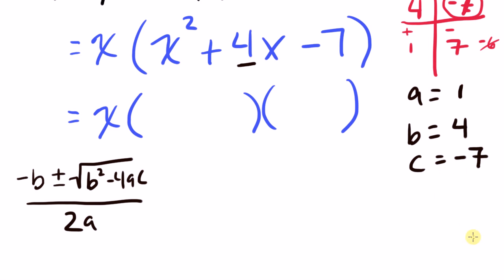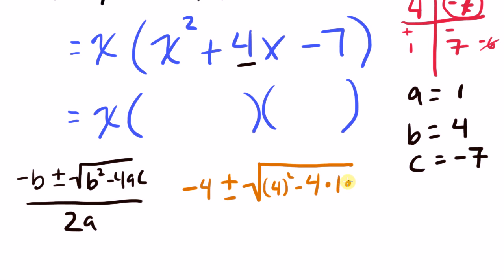Alright, so let's see. The opposite of b would be negative 4 plus or minus the square root of 4 squared minus 4 times a times c, negative 7, divided by 2 times 1.